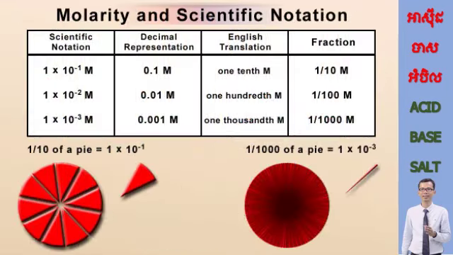For example, the fraction 1/1000th of a mole in a liter of solution would be expressed as 1 times 10 to the minus third molar. Remember, the larger the negative exponent, the smaller the actual number.